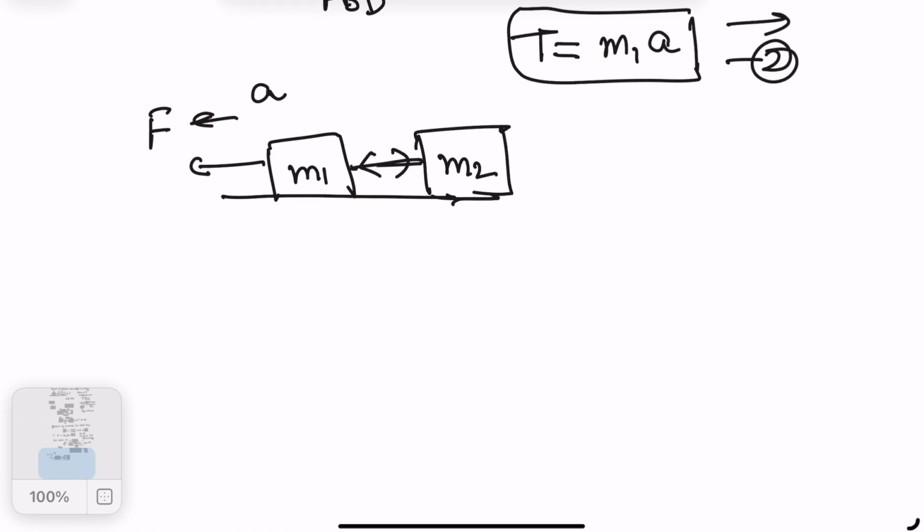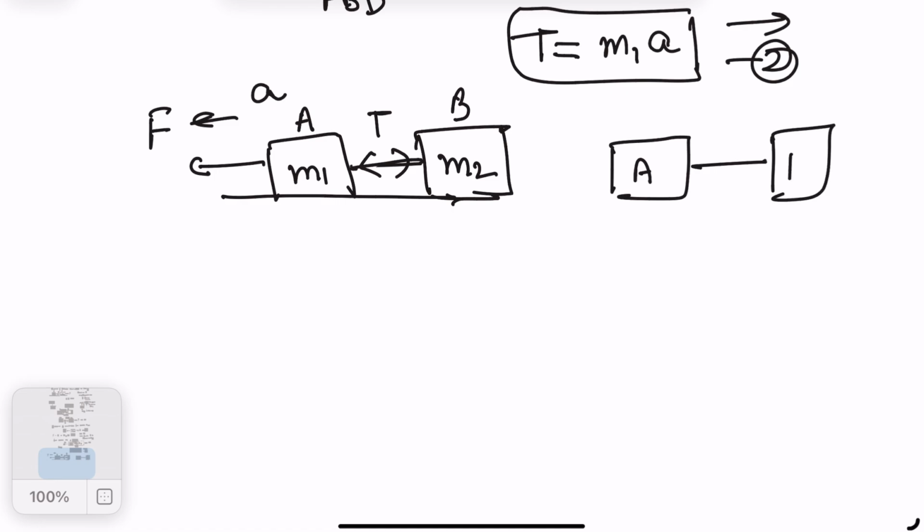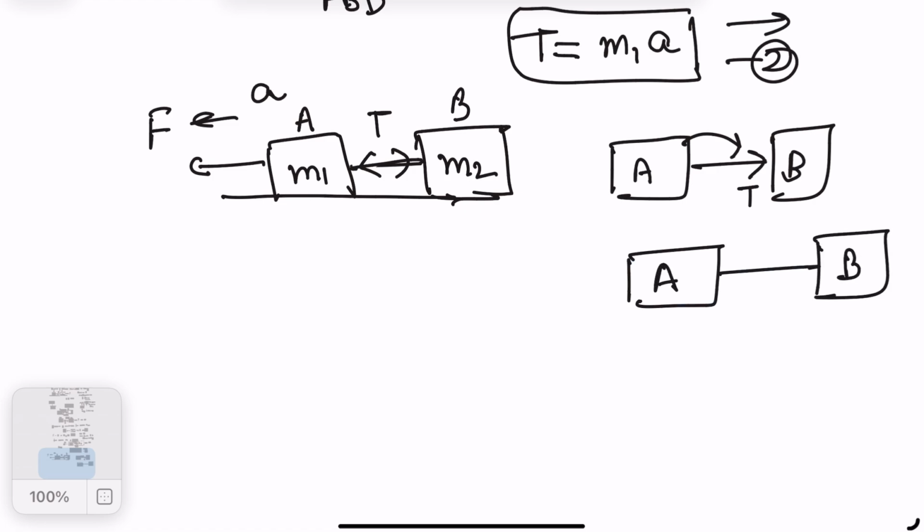So let's see. Tension T, now you know block A and block B. A is connected with B, so tension of A will be in this direction, and for block B, which is connected to block A, the tension will be in this direction.